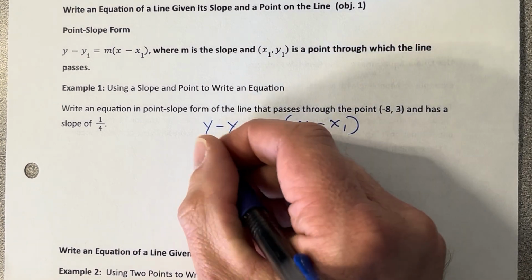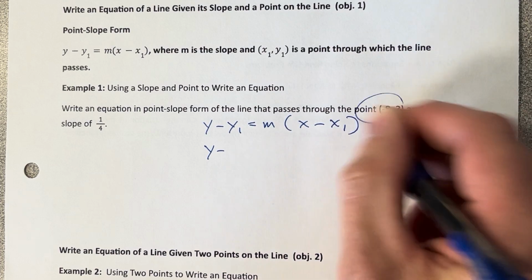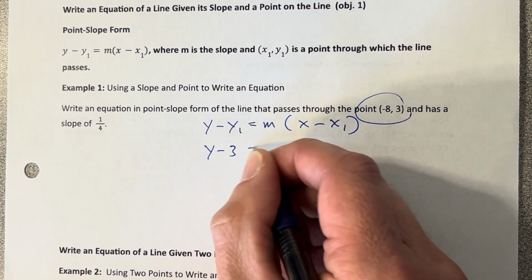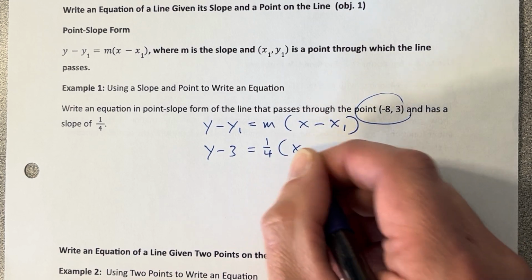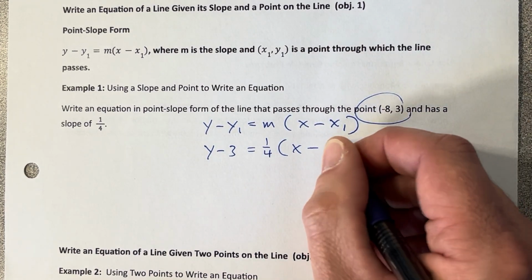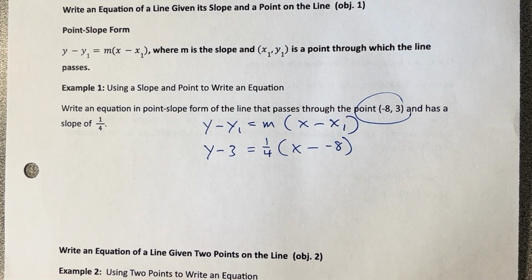So what you do is you go y minus, and then you fill in the y value of your point. It's 3. You plug in your slope, 1/4, parentheses, x minus, and then you plug in the x value of your point. Because they asked us to write an equation in point-slope form, we're basically done.